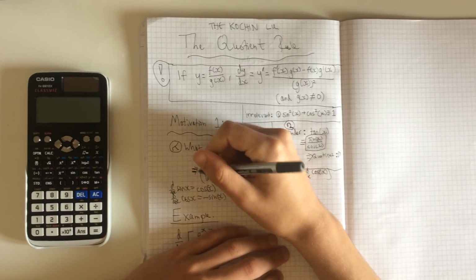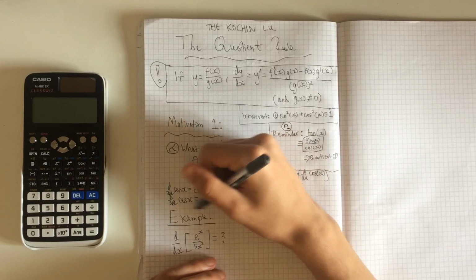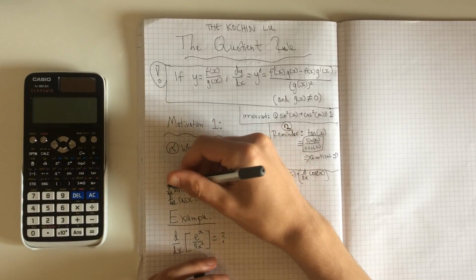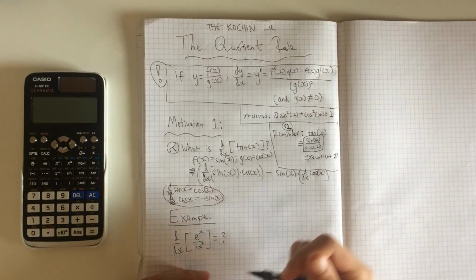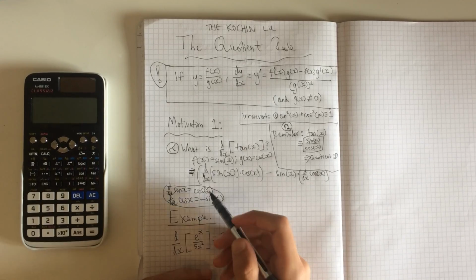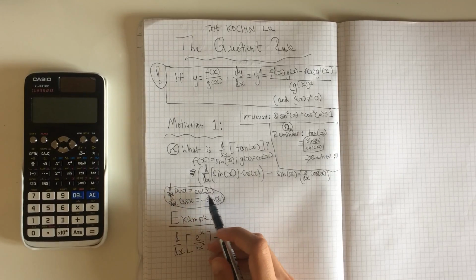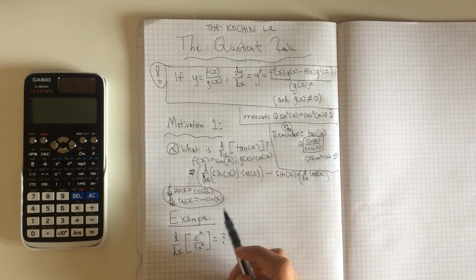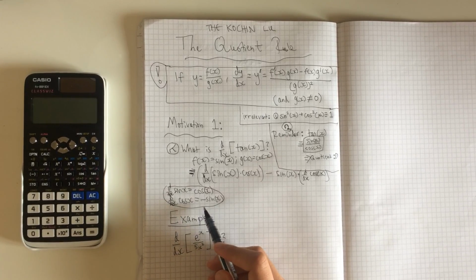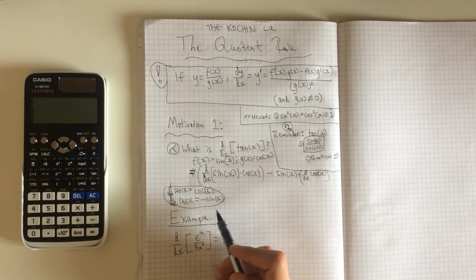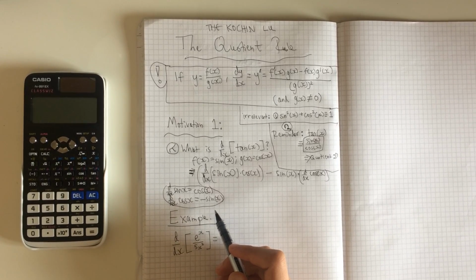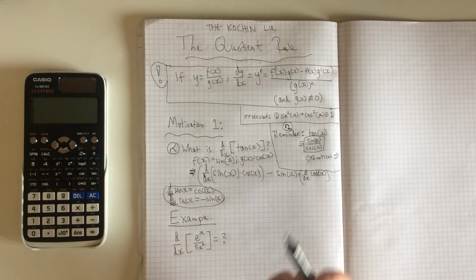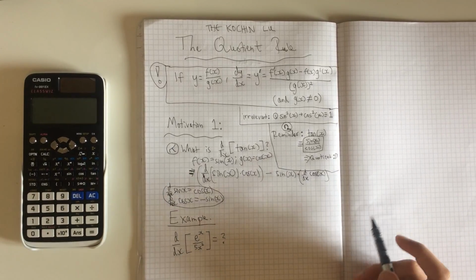And it's really interesting because if you keep differentiating those, it's almost like a cycle: if you differentiate minus sine of x, you get minus cosine of x, and if you differentiate that, you get sine of x. So it's a loop. But I'm not going to get into that.